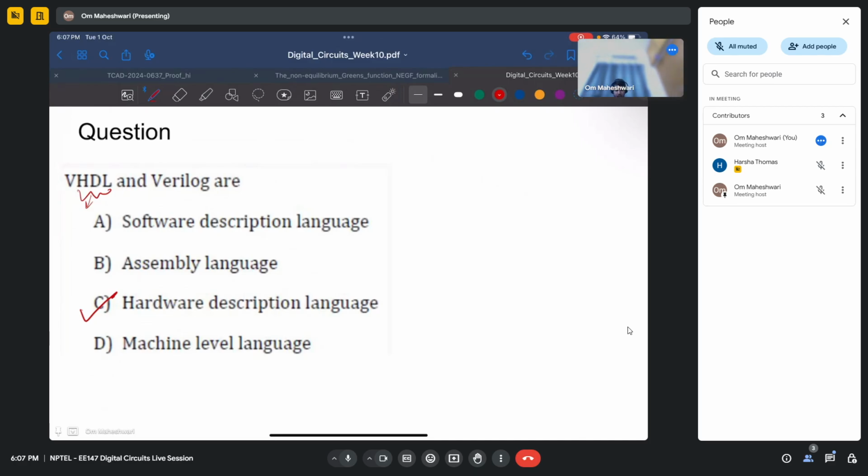Mostly in this course, the focus has been on VHDL. Verilog has not been talked about, but Verilog is a very popular language and is actually used, I think, more than VHDL. So I would advise you, if you want to pursue a career in VLSI, to take some courses on Verilog. It will be very helpful for you.